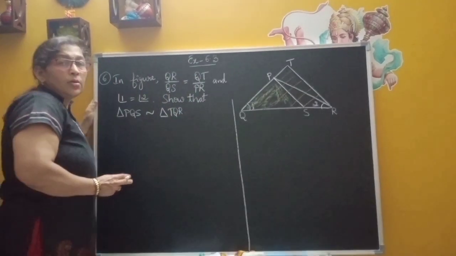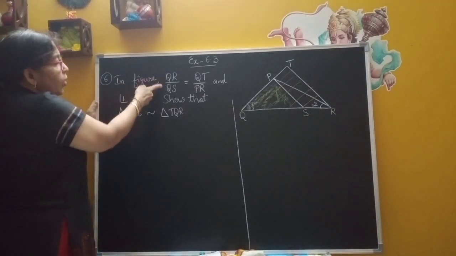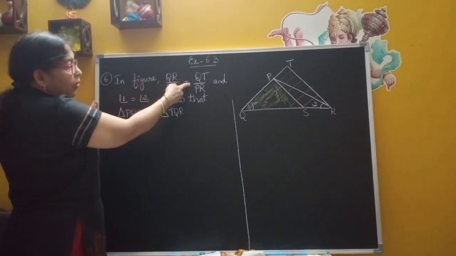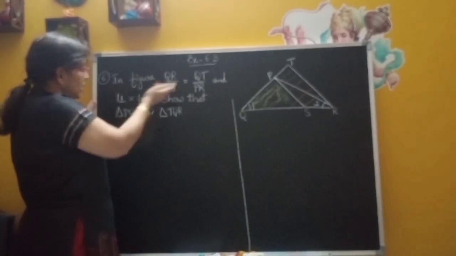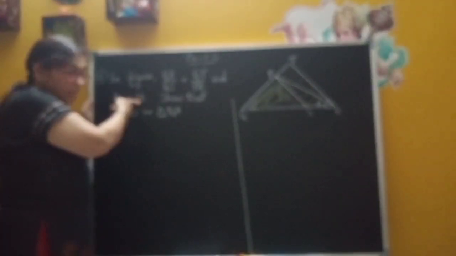Now let us start the problem. Given, what is given? QR by QS is equal to QT by PR and angle 1 is equal to angle 2.